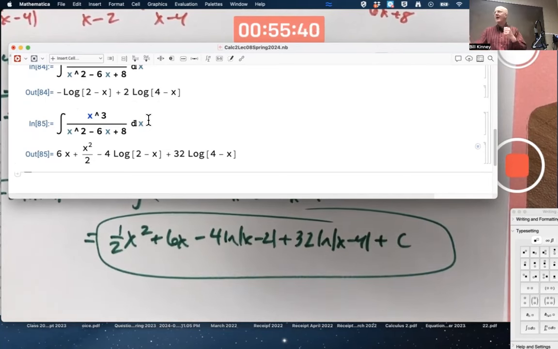Feeling pretty good now, right? Feeling pretty powerful. As long as we're careful, we can integrate lots of functions. But wait a minute. Remember, we can't even integrate cosine of x squared or e to the negative x squared without invoking Fresnel functions or ERF.